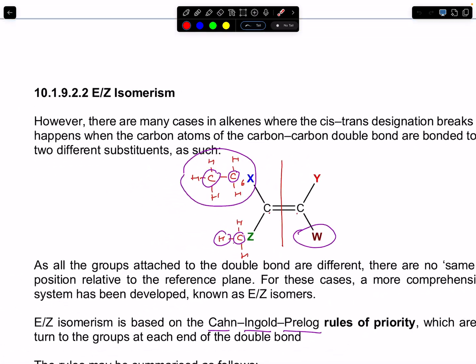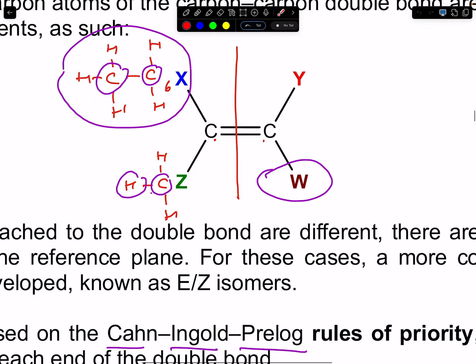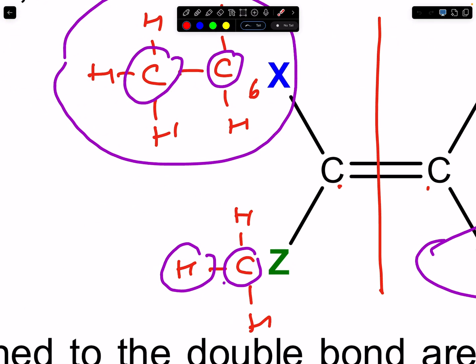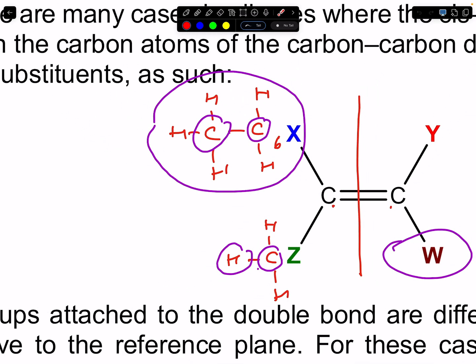All right, guys. I want you to take a look at this alkene molecule right at the top. Let's start with the very first criteria for the type of isomerism I just taught you. Number one, you need to have not just a double bond, each doubly bonded carbon atom must have two differing substituents.